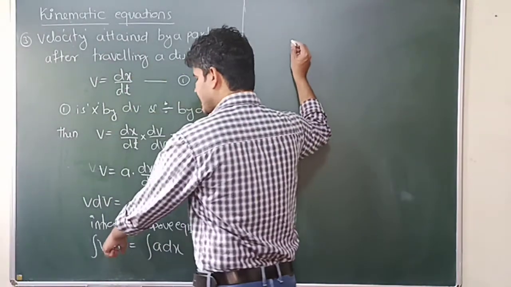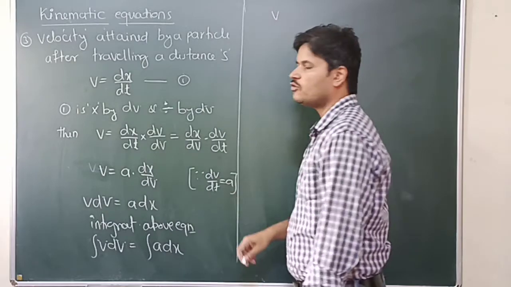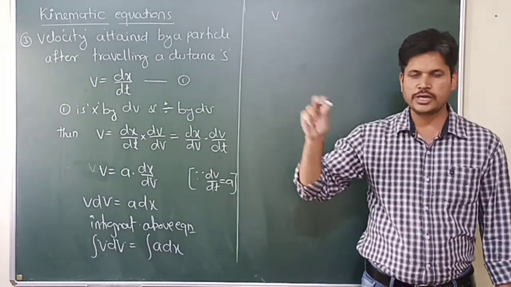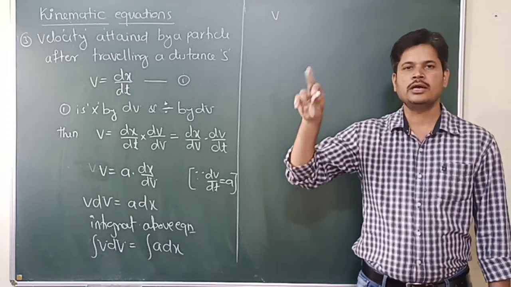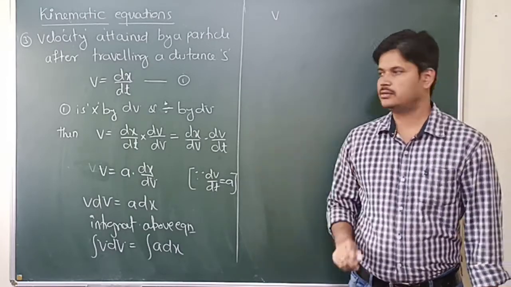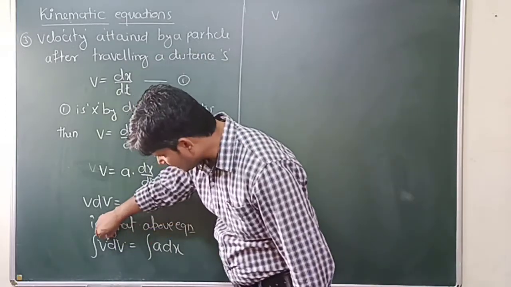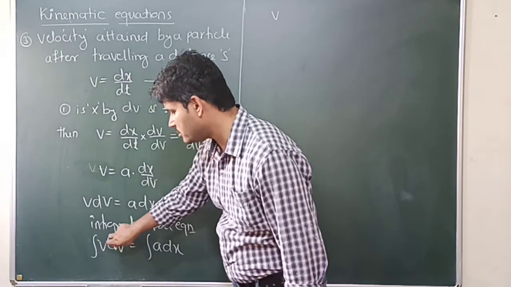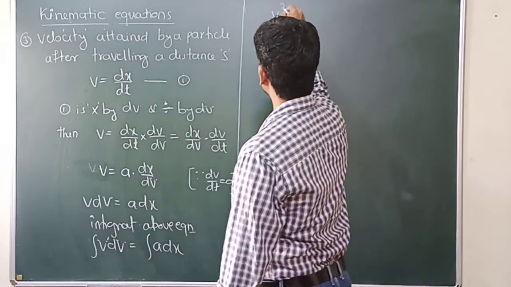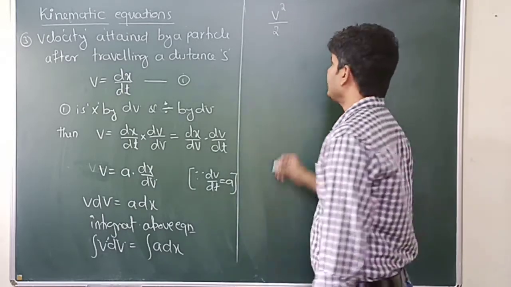Therefore, integration of v, we can apply the formula x raised to n. Integration of x raised to n is x raised to n plus 1 divided by n plus 1. Therefore, if nothing is there, what we have to take? 1 in the place of the power of v. 1 plus 1 is 2, divided by 1 plus 1 is 2. Correct?